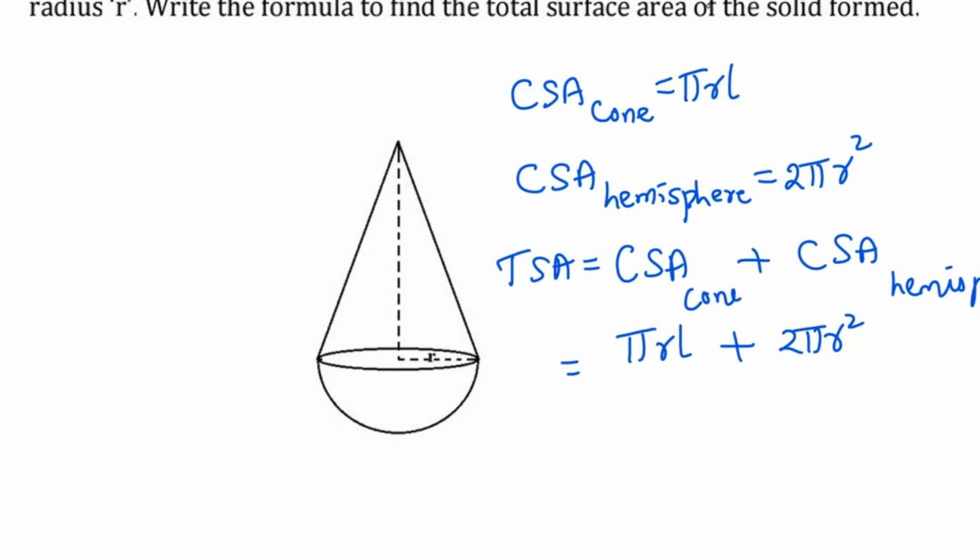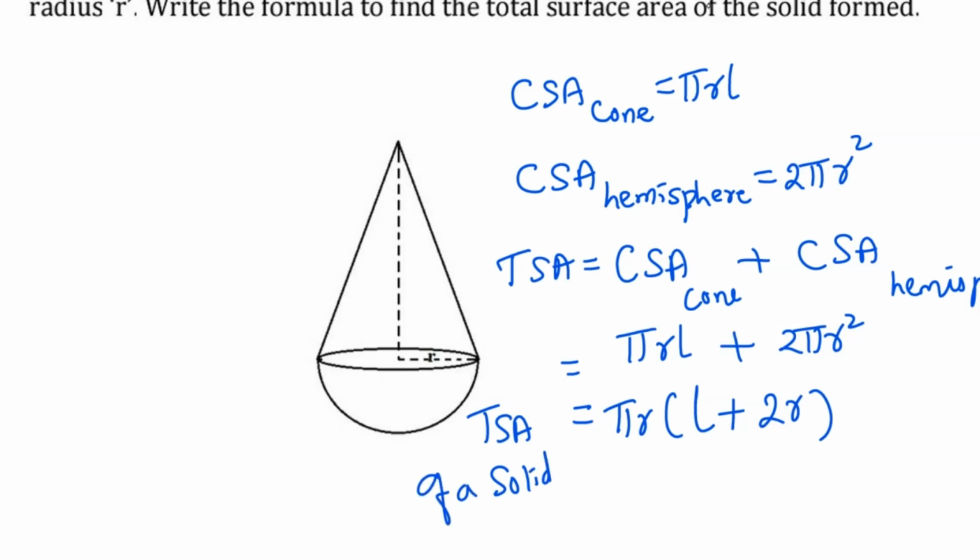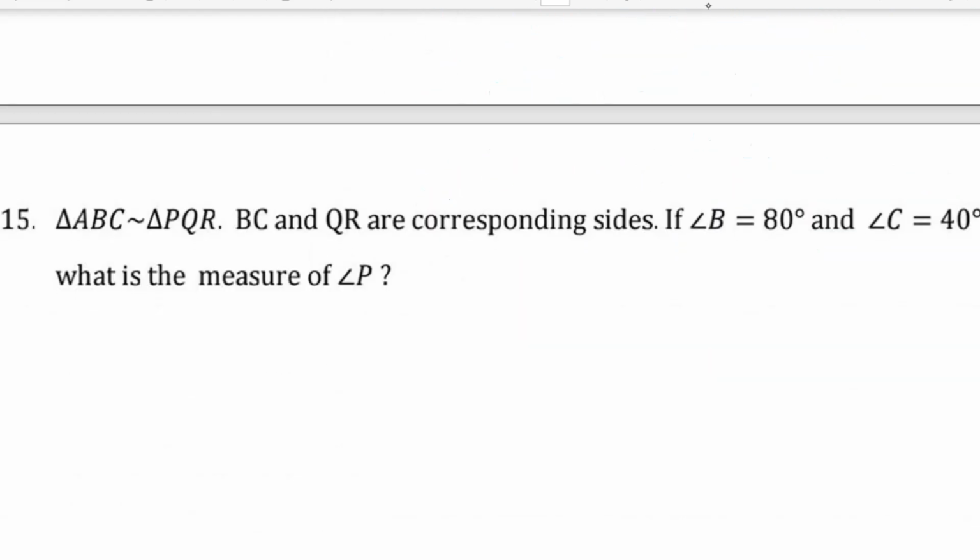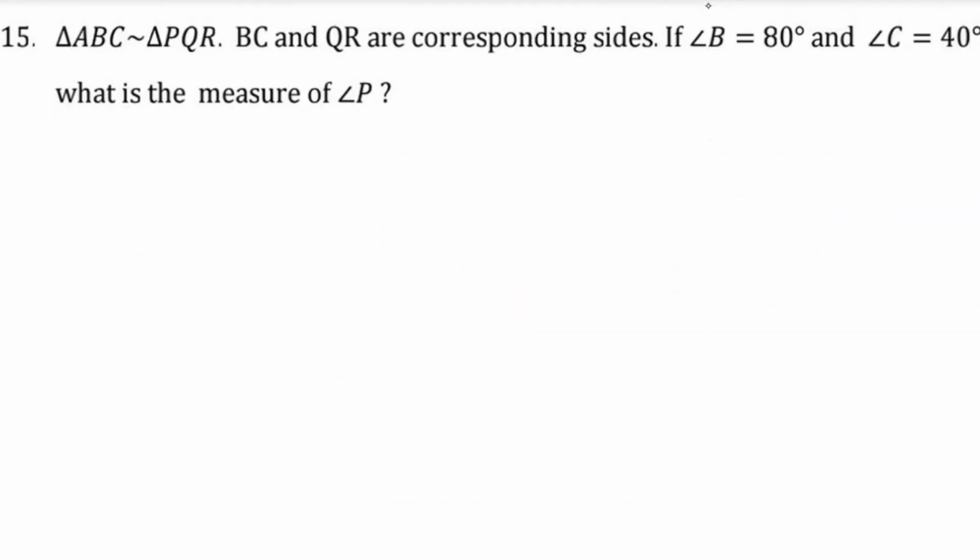So pi r L plus 2 pi r square. So we will take common. What is common in both? We have pi r as common. Then it is L plus 2r. So this is the formula for total surface area of the solid.